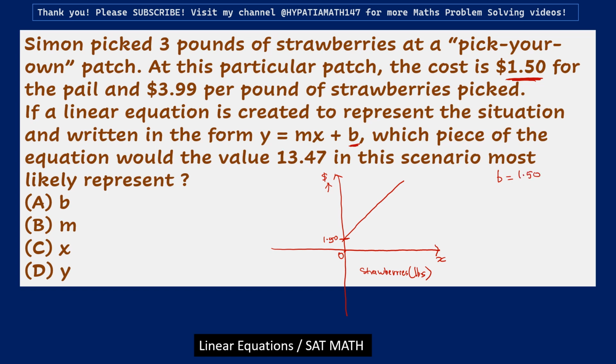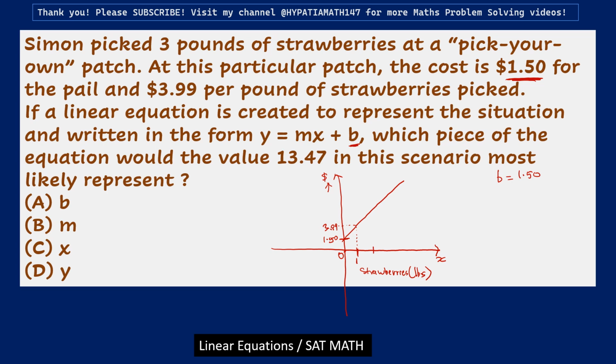If Simon was to pick 1 pound of strawberries, I'd write 1 here, and the cost for that would be 3.99.